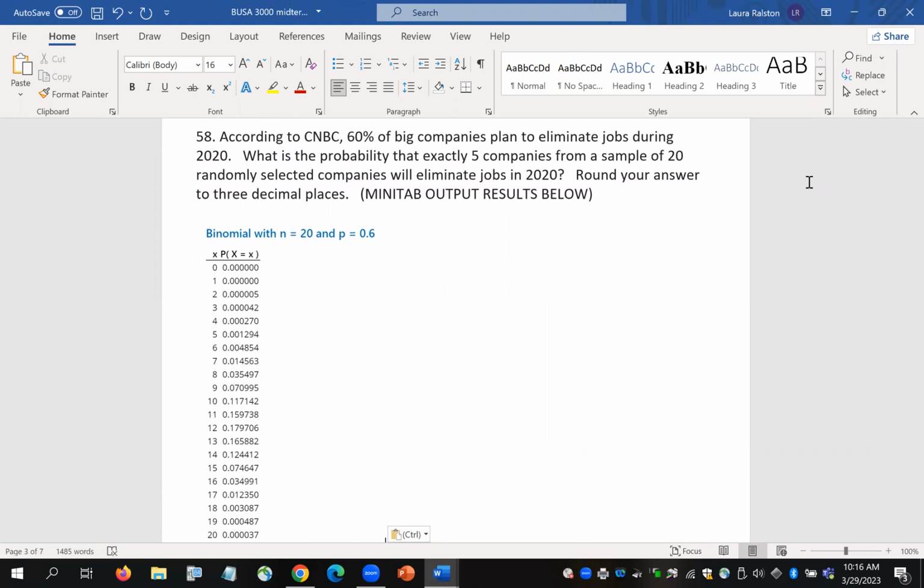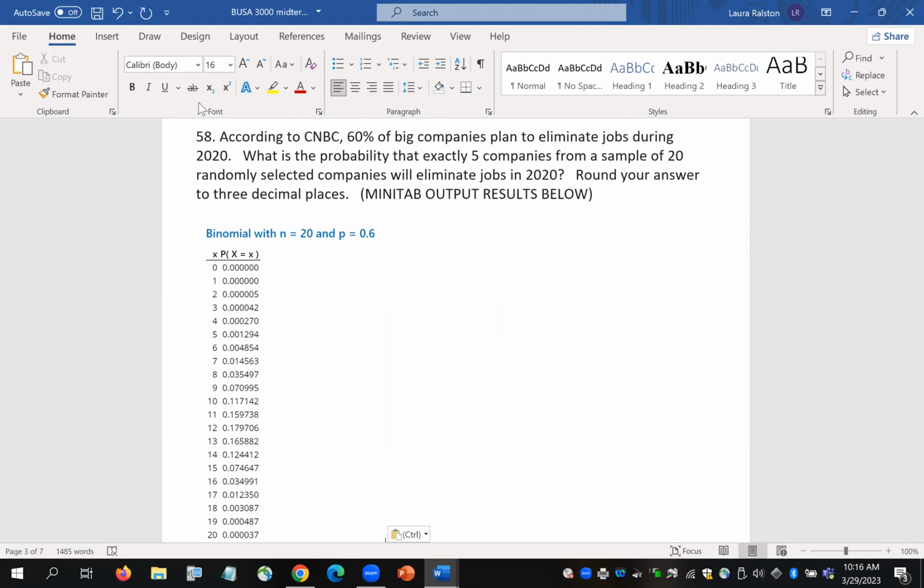What is the probability that exactly 5 companies from a sample of 20 randomly selected companies will eliminate jobs in 2020? Round your answer to 3 decimal places, and the Minitab output results are below. So I give you this table with the question.